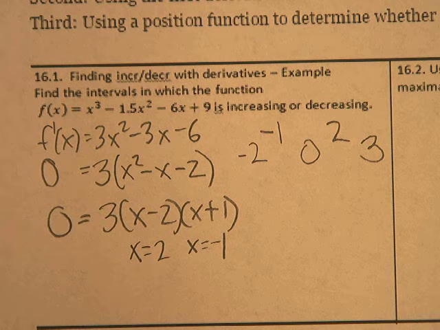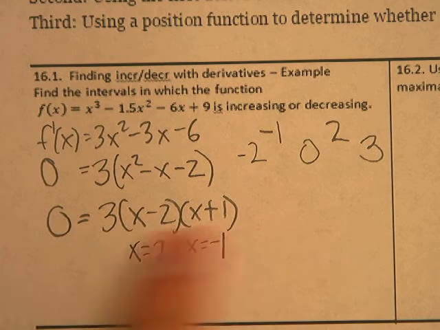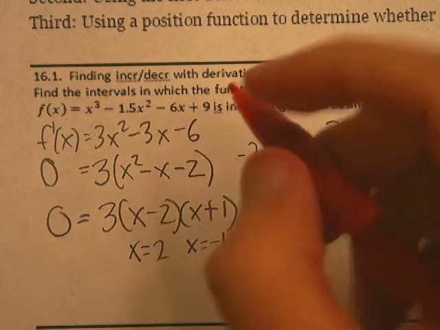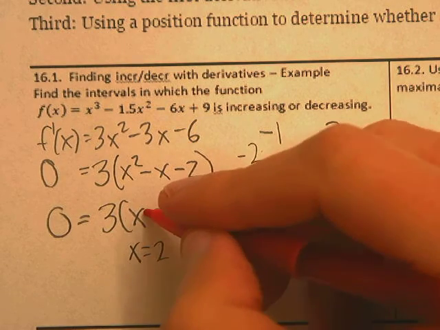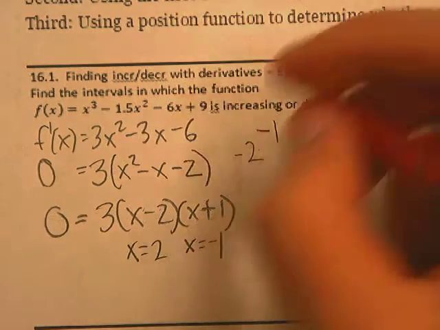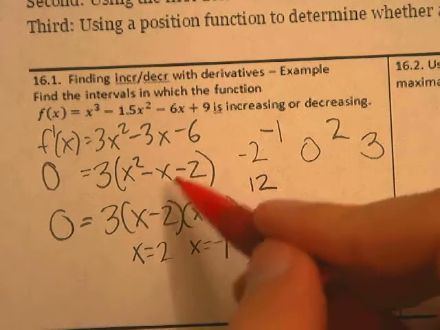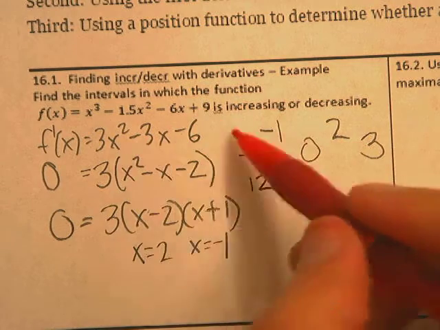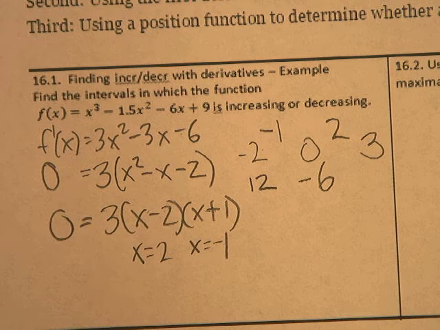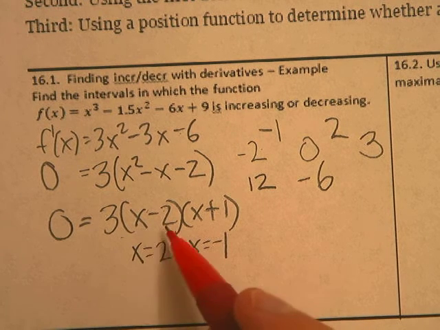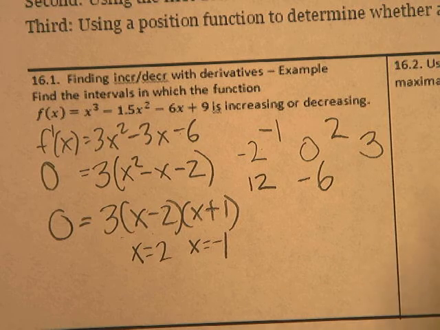Now I'm testing these in the derivative, so I'm going to test them in this. If I plug negative 2 in this, I get negative 1, negative 4. That's positive 4 times 3 is 12, so I get 12. If I plug in a 0, I get 0, 0, negative 6. If I plug in a 3, I get 3 times 1 times 4, which is 12.